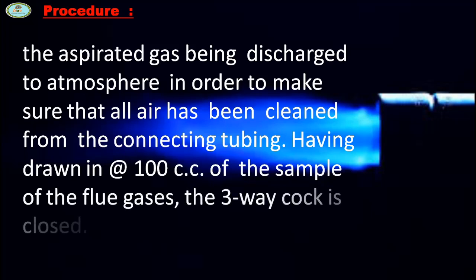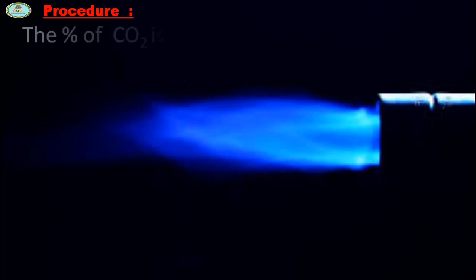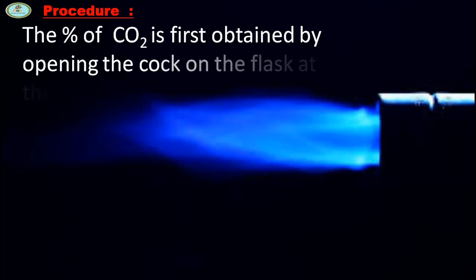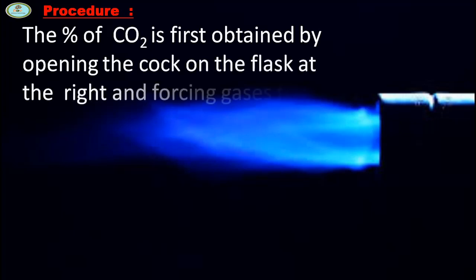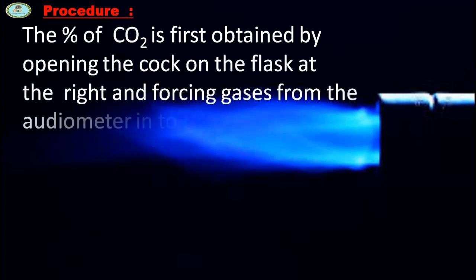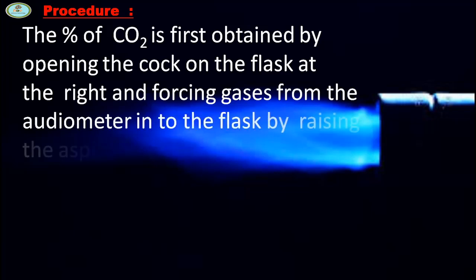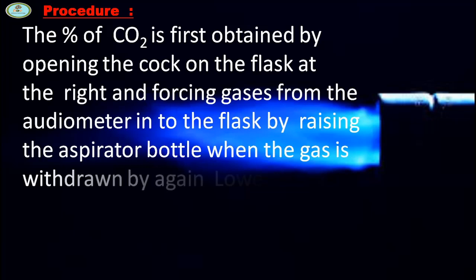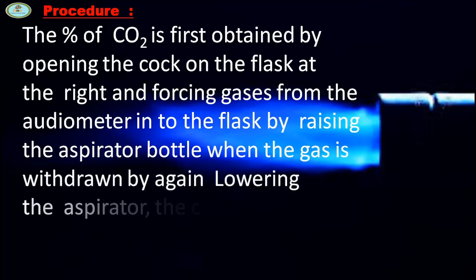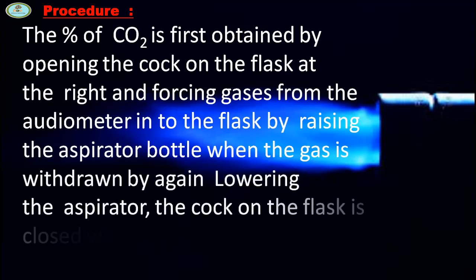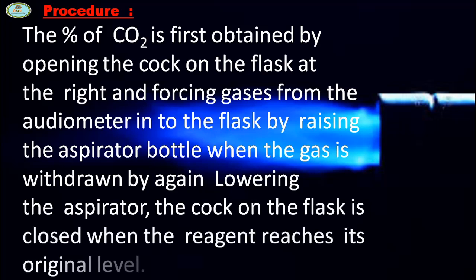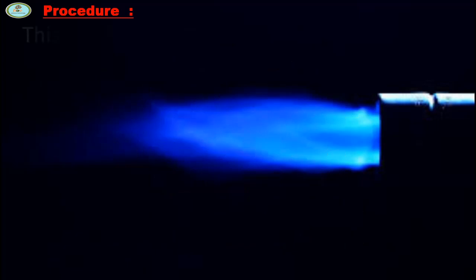Having drawn in 100 cc of the sample of the flue gases, the 3-way cock is closed. The percentage of CO2 is first obtained by opening the cock on the flask at the right and forcing gases from the eudiometer into the flask by raising the aspirator bottle. When the gas is withdrawn by again lowering the aspirator, the cock on the flask is closed when the reagent reaches its original level.